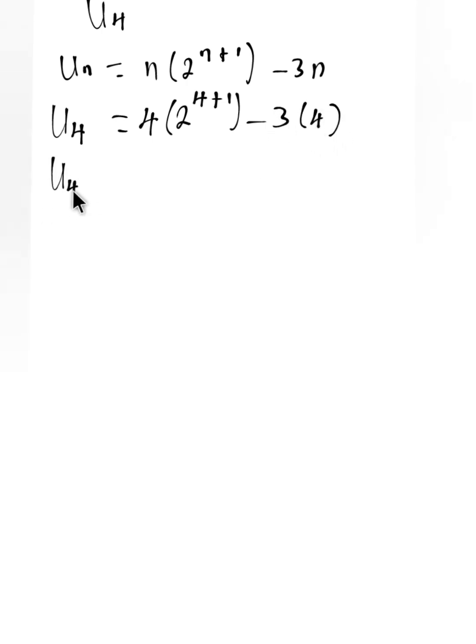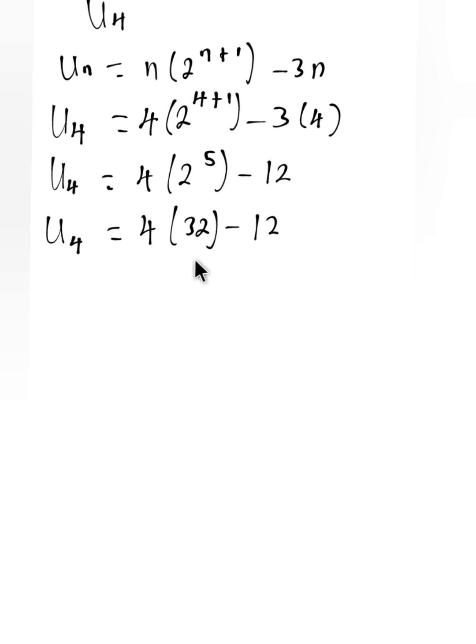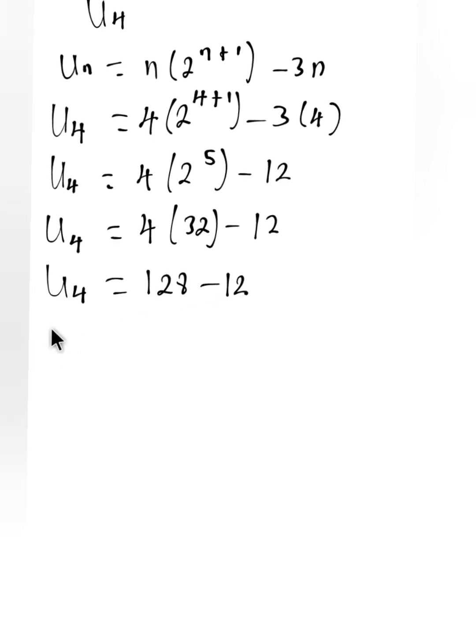So u4 is equal to 4 times 2^5 minus 3 times 4, which is 12. So u4 is equal to 4 times 2^5, which is 32, minus 12. Now u4 is equal to 4 times 32. 4 times 32 is 128, minus 12. And u4 is equal to 116.